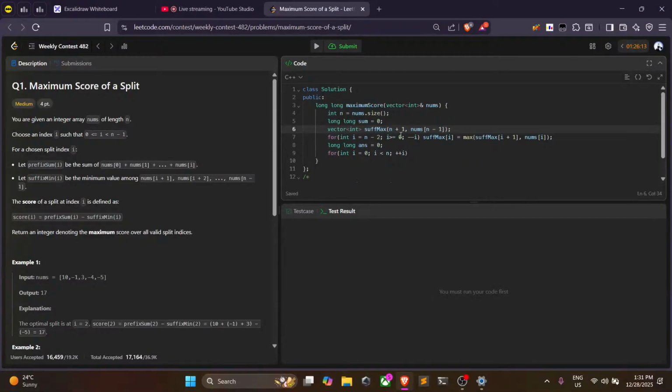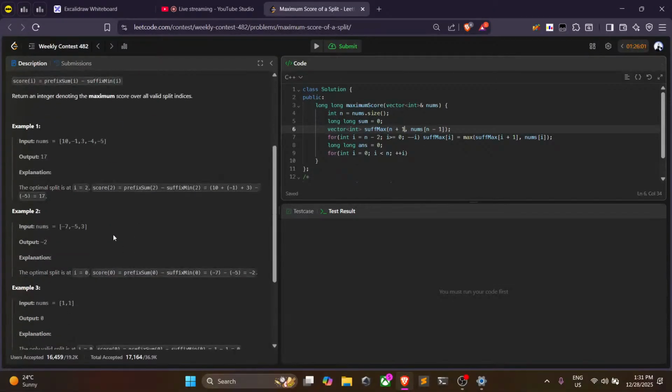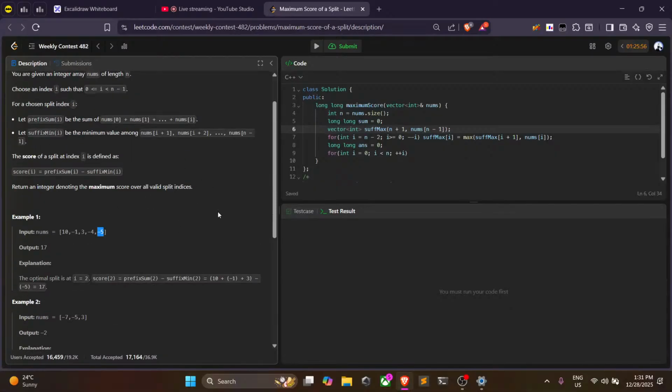In order to skip from this point, we can choose this. So what should be the value for this one? Whatever the maximum from this. Oh, sorry, it's the minimum. So it should be suffix min. Makes sense.